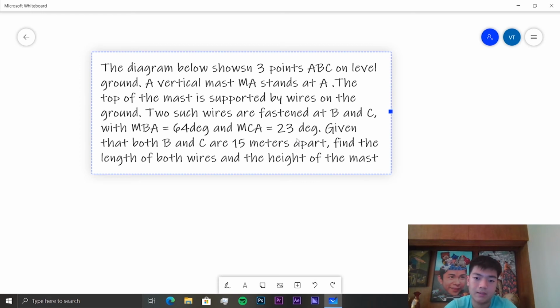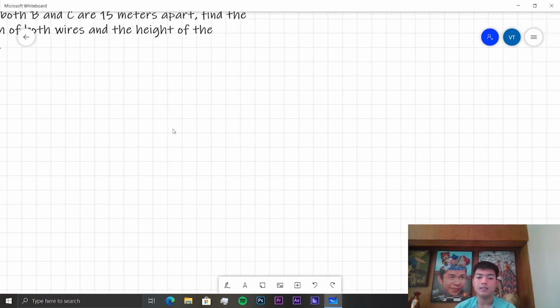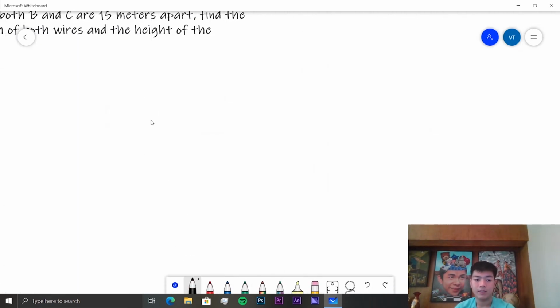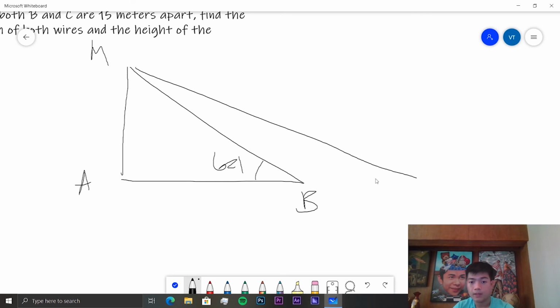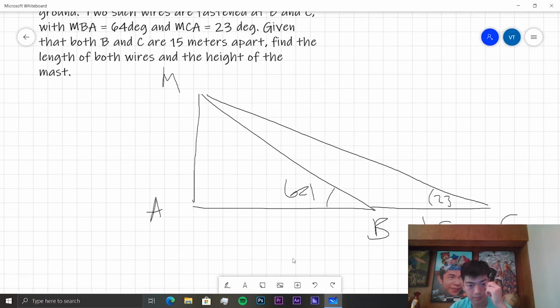Okay, so let's just draw a diagram out. It looks something like this. So over here we have A, M, B. This is 64. And then we have an extension to C, which is 23 degrees. And these are both 15 meters apart.